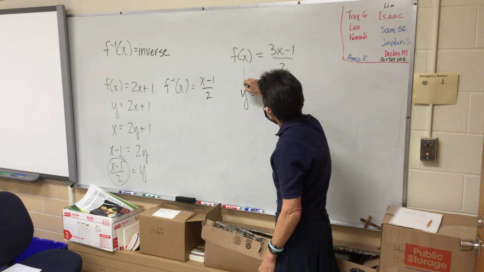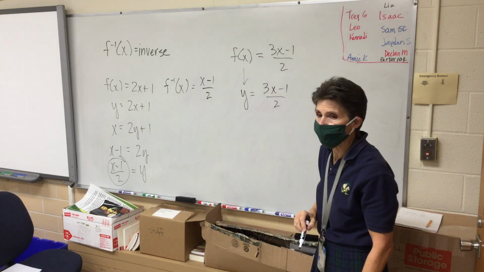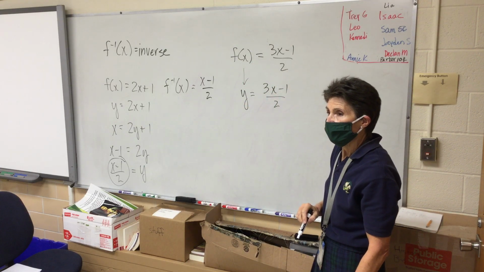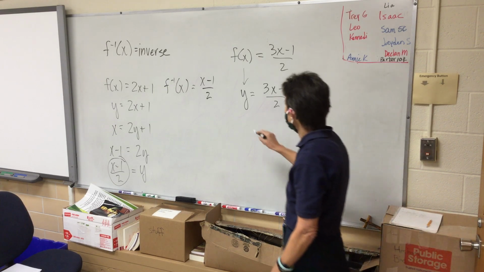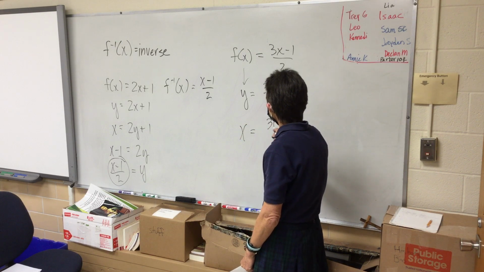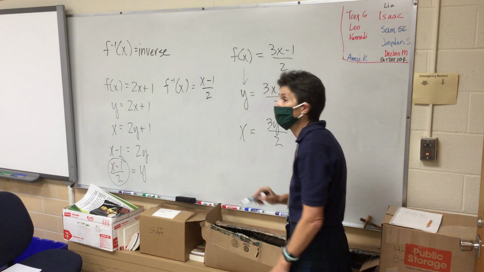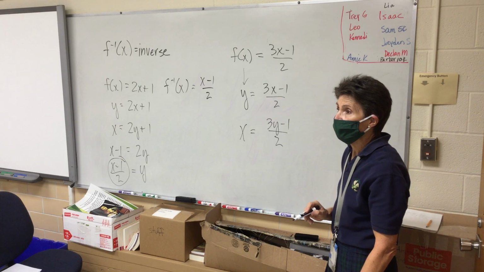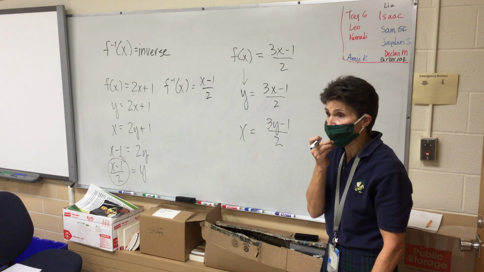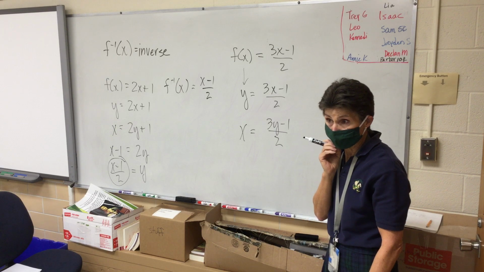Remember, always y is the same as f of x. And then we'll switch the variables. So x equals 3y minus 1 over 2. You with me still?